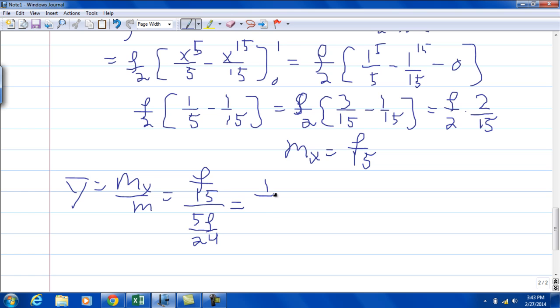So that's going to be 1/15 times 24/5, and a little bit reduces out of this, not much. And we can divide a 3 out of 24 and the 15, leaves a 5 down here, 8 up there. So we have 8 over 25.